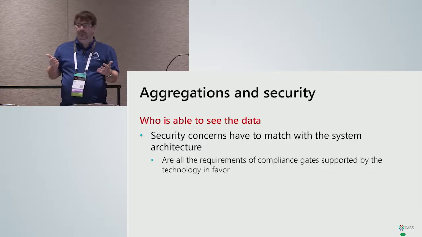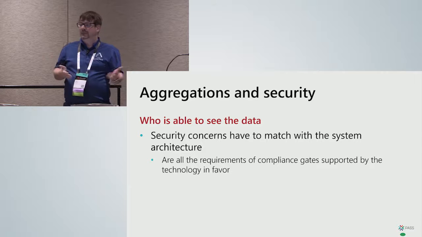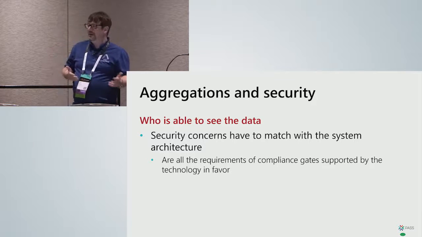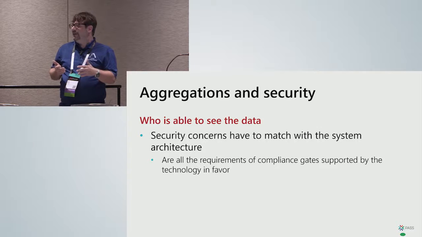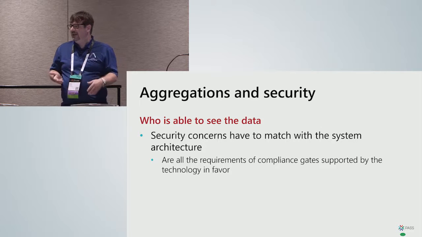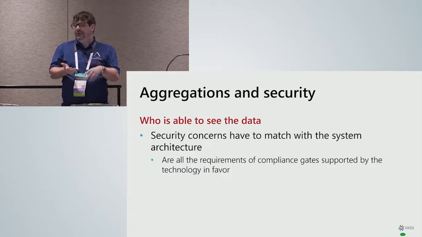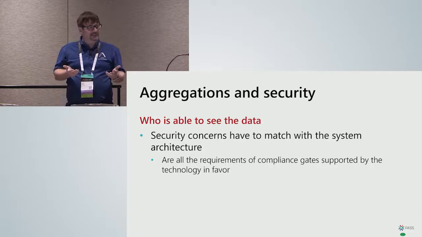Or the other way around, who is not familiar with row-level security? Okay, everybody. So everyone has some kind of data access issue, meaning there are concerns that not everyone should see all the data.